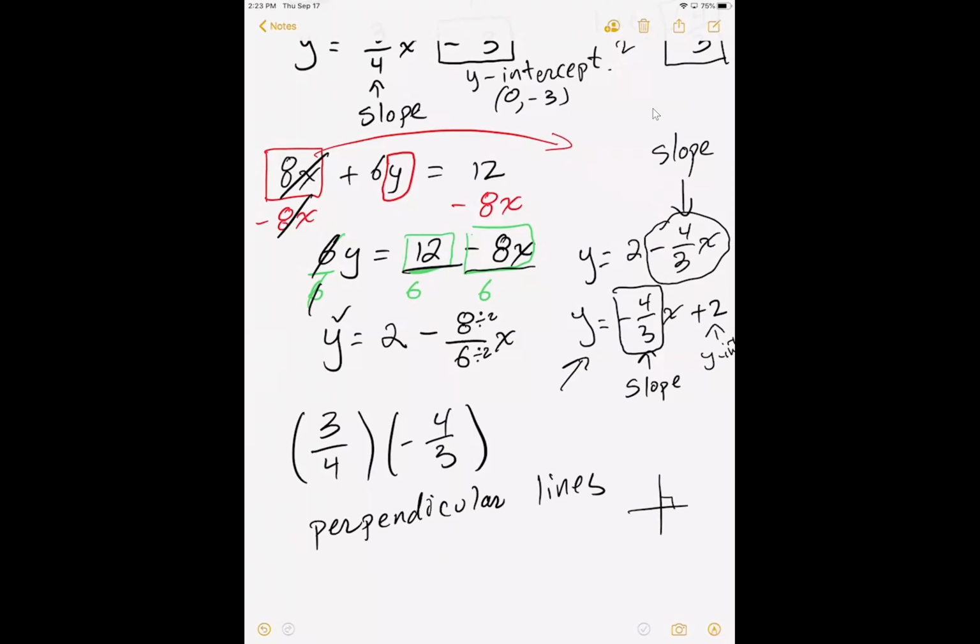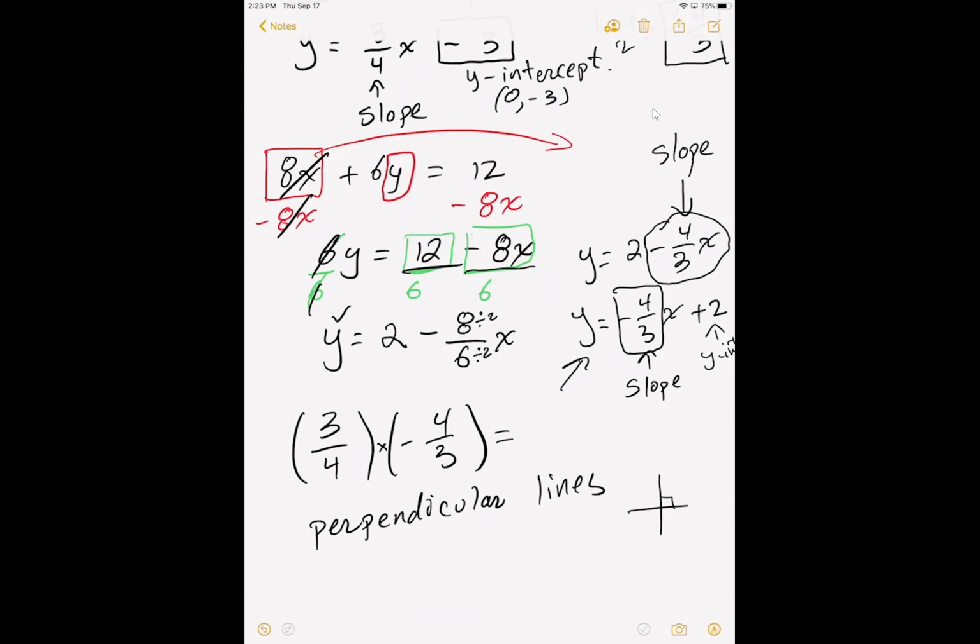The other thing I want to point out is the definition for perpendicular. If you take the two slopes and multiply them together and the result is equal to -1, then we know that they are perpendicular. If you multiply this out, what is 3 times -4?